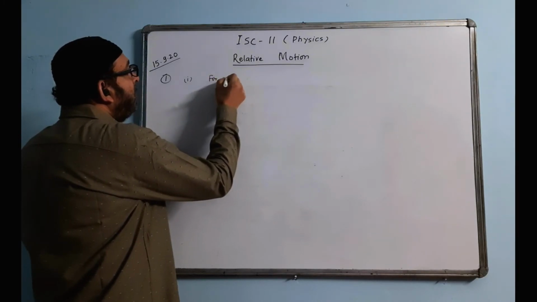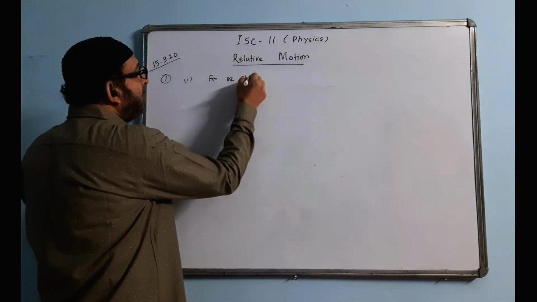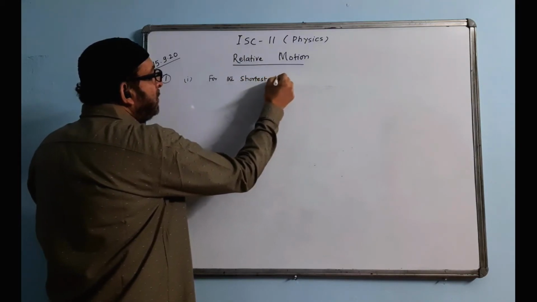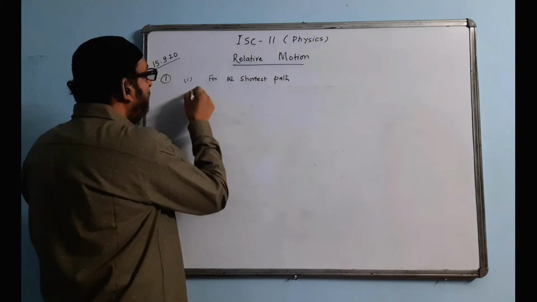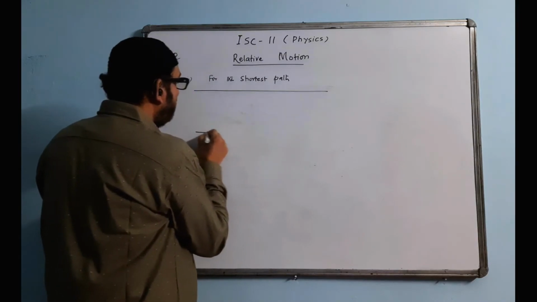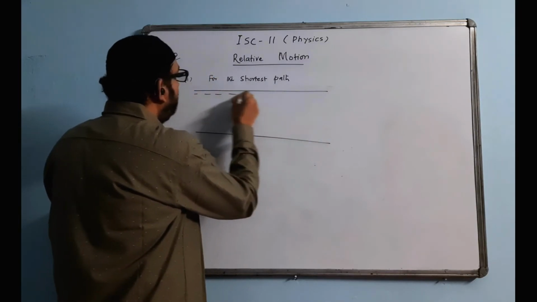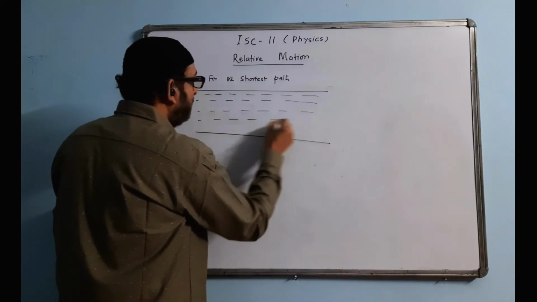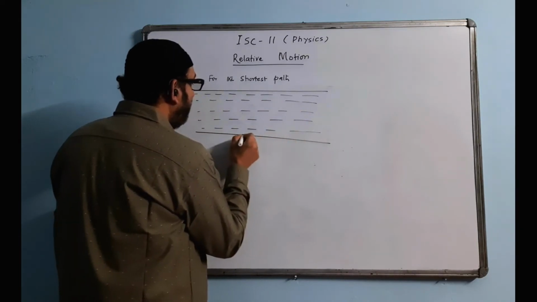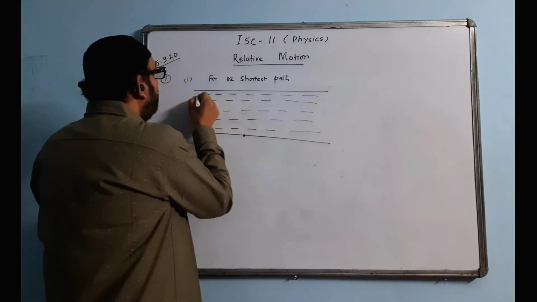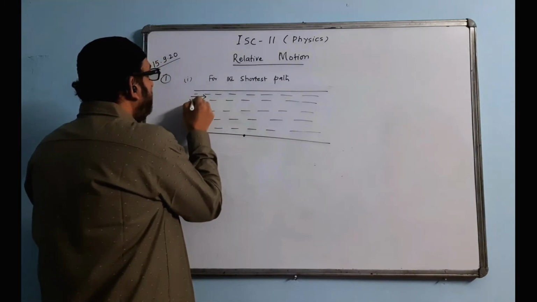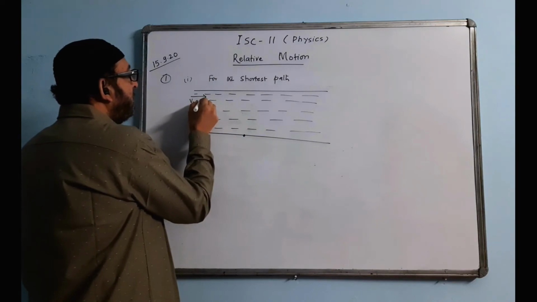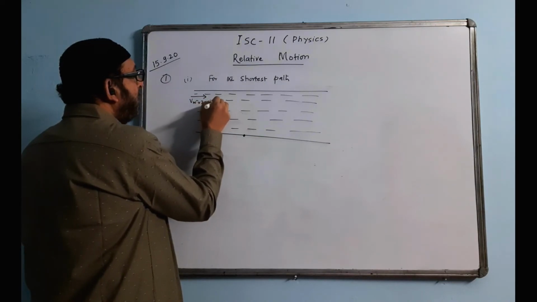For the shortest path, we'll draw the diagram first, like this. The river is flowing like this. The man is here. The velocity of the water, VW, is 20 kilometer per hour.